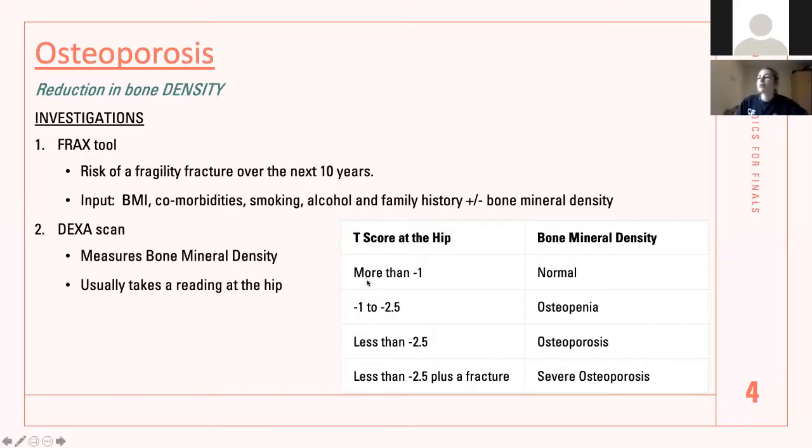If it's more than -1, that's normal. -1 to -2.5 is osteopenia, which is a less severe form of osteoporosis. Less than -2.5 is osteoporosis, and less than -2.5 plus a fracture is severe osteoporosis.